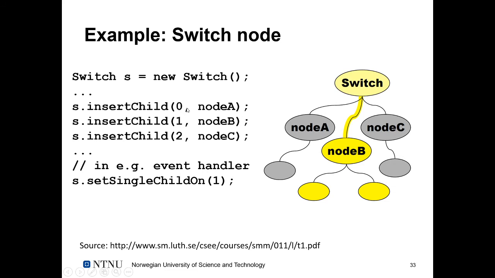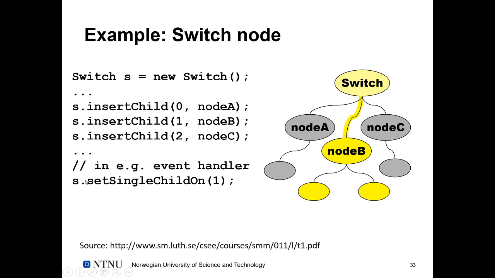Here it's child number 0, which corresponds to this gray node A over here. S.insertChild number 1, which is the middle node here, and then s.insertChild 2, which is node C over here. And then later you set this in an event handler, like you enable and disable other things, or similar to how you enabled or disabled things in OpenGL.